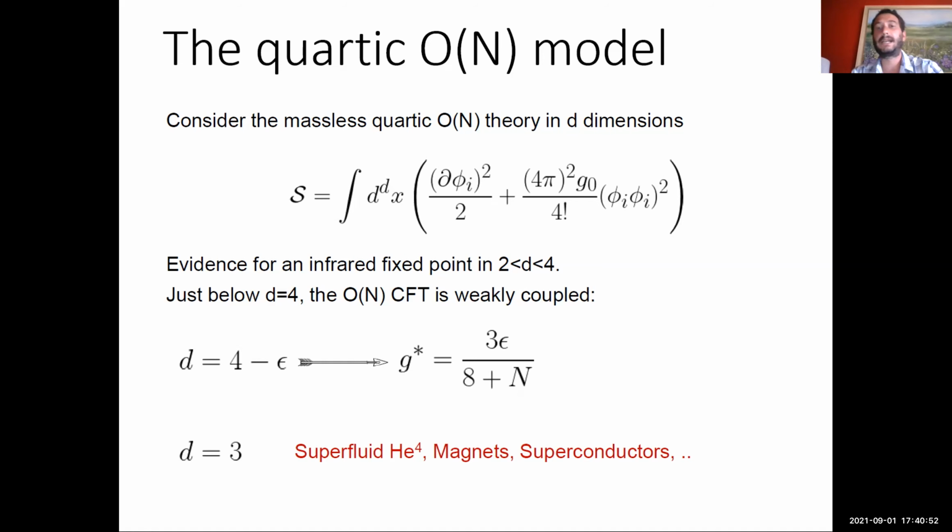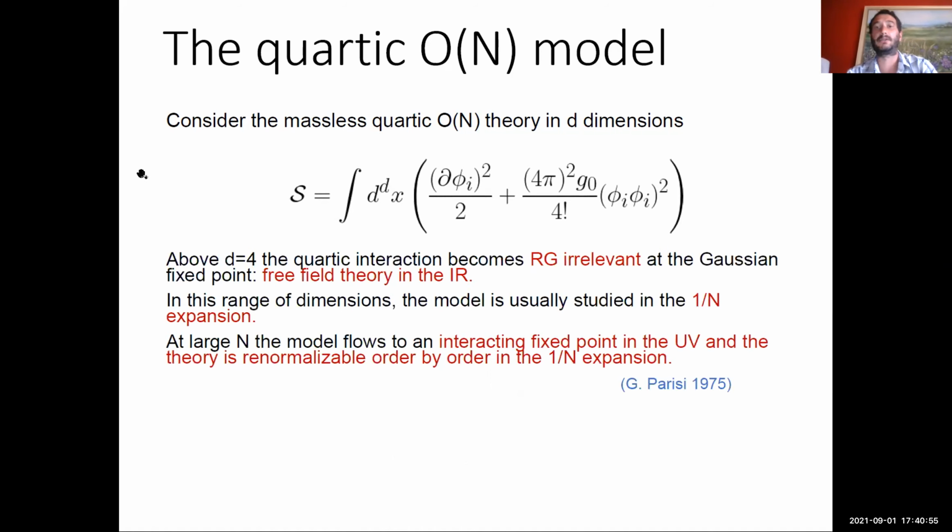What happens instead if we change the number of spacetime dimensions and we move above 4 dimensions? This is an interesting case because the quartic interaction becomes RG irrelevant, non-renormalizable. As a consequence, in the infrared, we have a free field theory. On the other hand, even if the model is perturbatively non-renormalizable, being the φ⁴ interaction irrelevant, one can study it using the 1/N expansion.